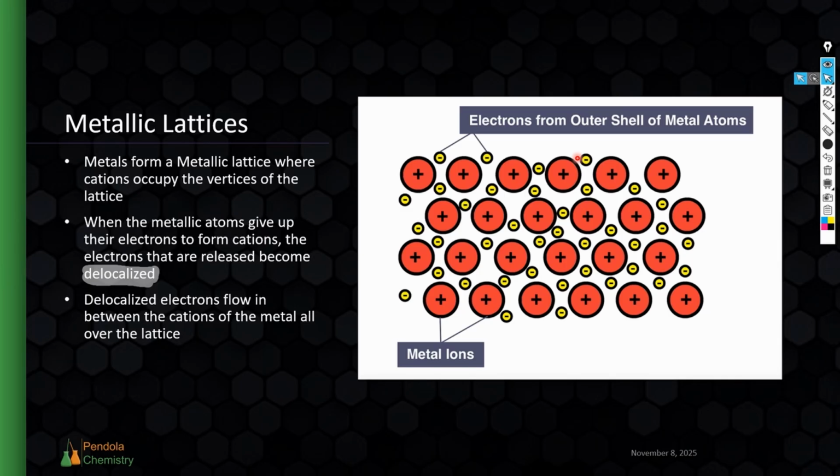Now, the one thing I do want to remind you from chapter 4 is that these metallic ions in the metallic lattice and the electrons have a specific ratio. So let's go and draw a structure again. If we're comparing sodium metal, so sodium solid, versus aluminum solid, we have to be very conscientious about how we draw these.